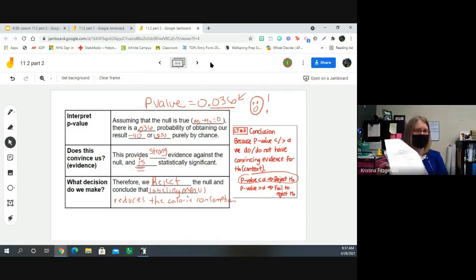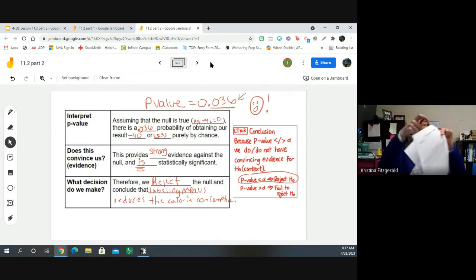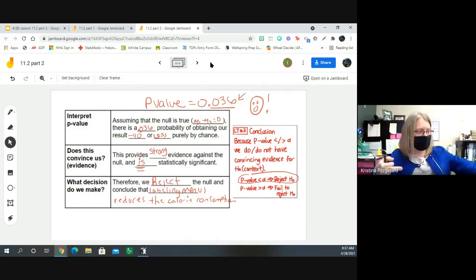You've got everything already printed. They are posted, and I'm just looking for you to make corrections. So give it an honest to goodness try, and then check the key on the assignment, and then make your corrections. So that is it for that today.